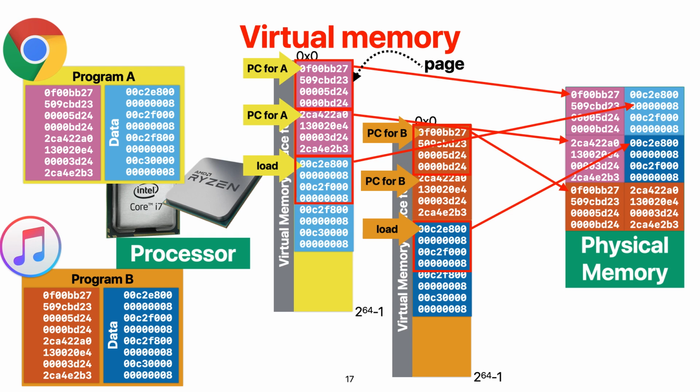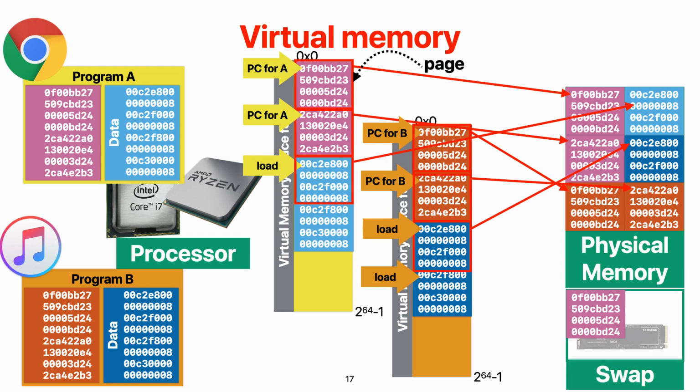And there will be cases where we run out of physical memory, just like the first demo that I showed in class, where you may use more than your physical memory. What happens is that we do something similar to what we did in a cache: we select a page, for example using an LRU policy, to kick out from physical memory into a swap space that we created, usually in secondary storage.